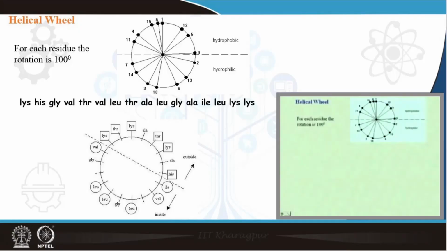Now if we were to construct the helical wheel, then we would put residue number 1, say, on the top. For every residue, there is a rotation of about 100 degrees. So my next residue is going to come here. That's residue number 2.